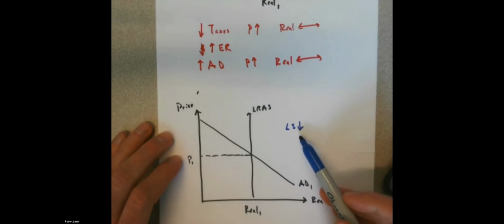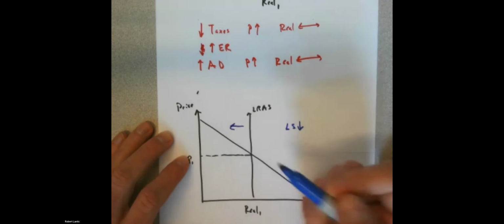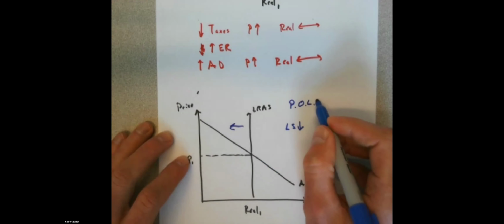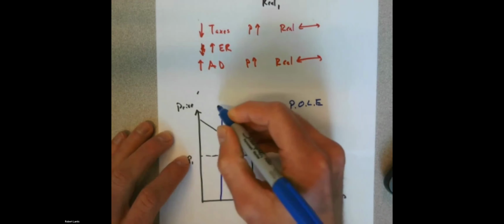So if labor supply is decreasing, decreases are shifts to the left. It's one of those factors of POLE, so we know it's impacting long run aggregate supply.